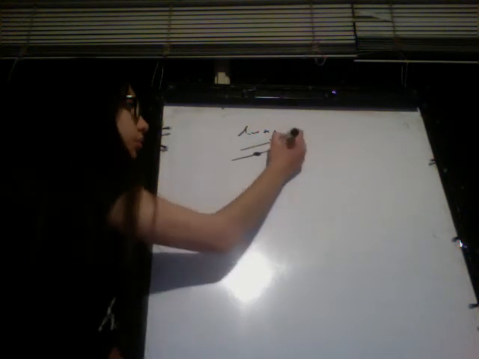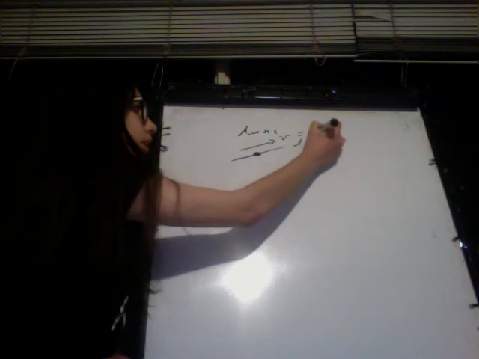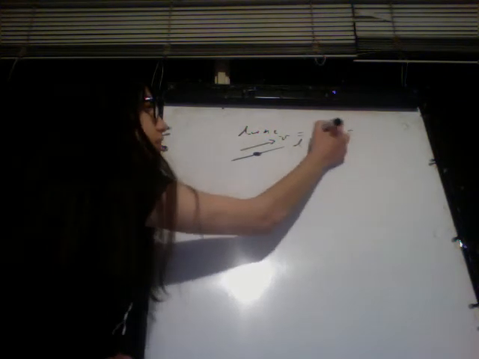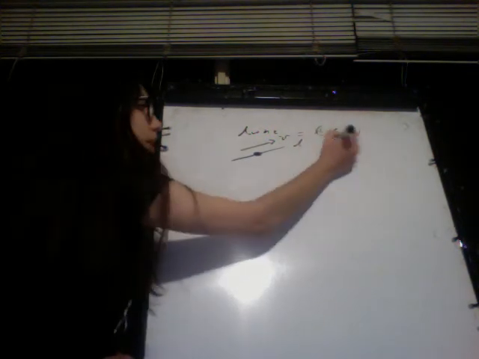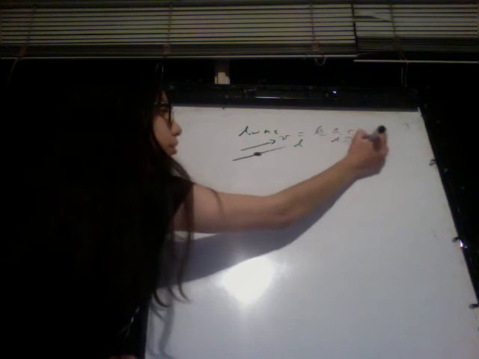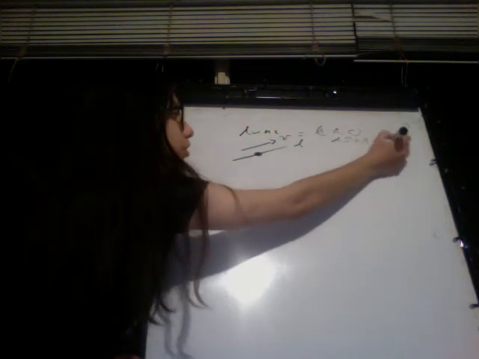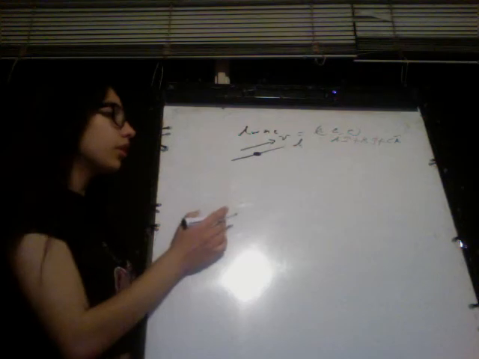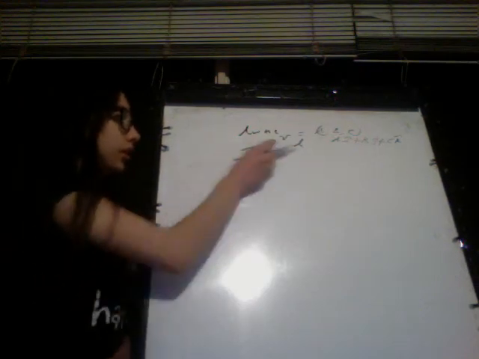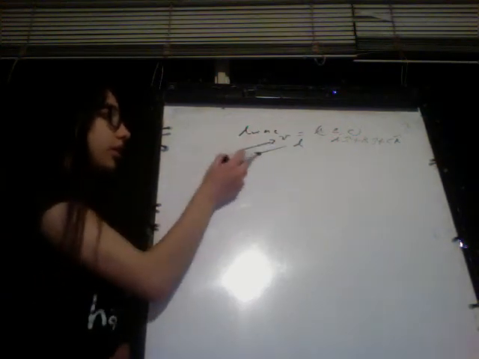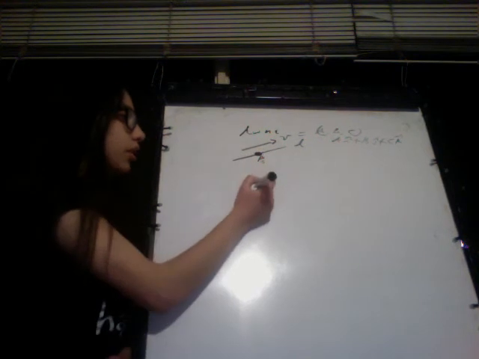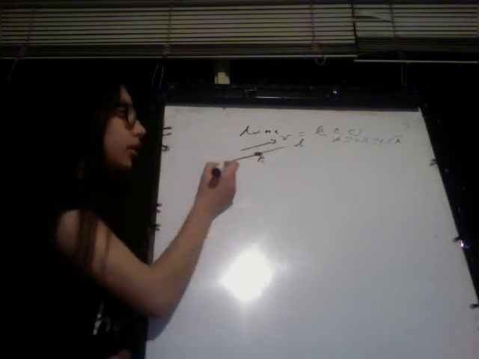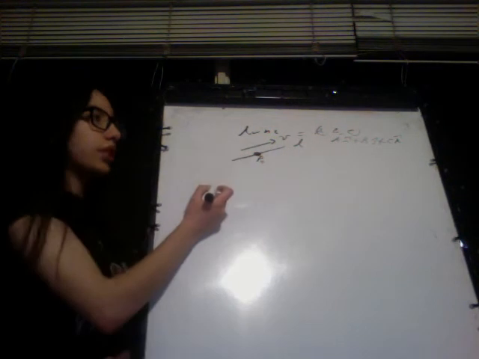Let's say this vector B has components A, B, and C, so it would be A i plus B j plus C k. Knowing that this line L is parallel to B and passes through this point P naught, we're going to find the equation of this line.